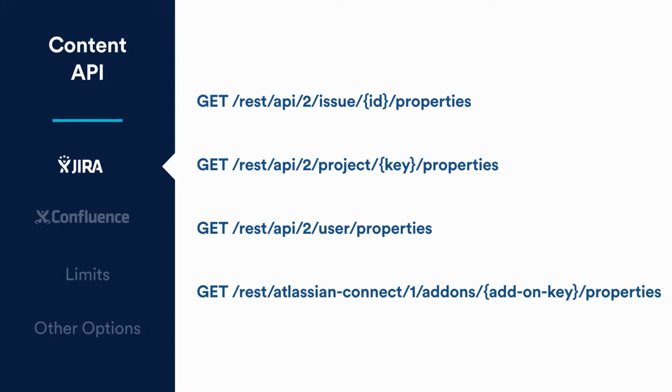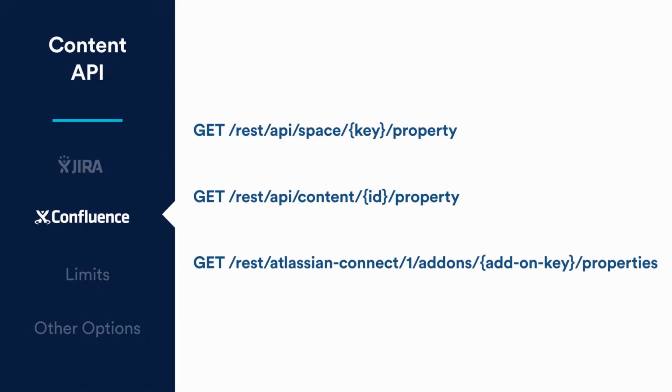The content API exists not in all of our products, but in many of them. So in Jira, you can associate data with issues, with projects, with users. And we also have an option to just store data globally for your add-on that is not associated with any particular artifact in our products.